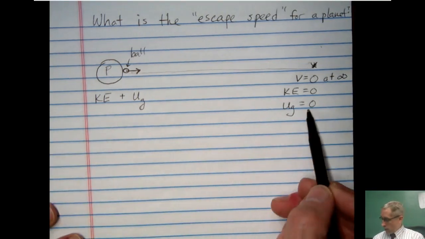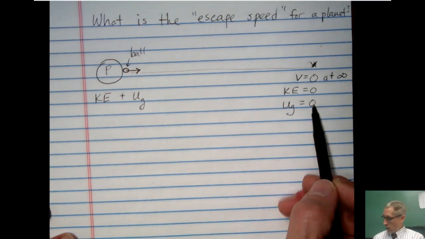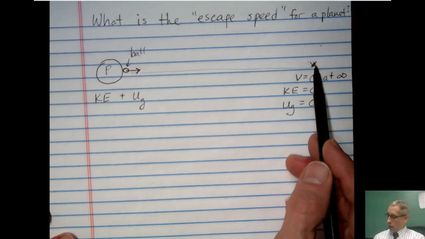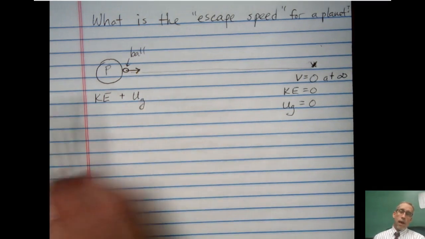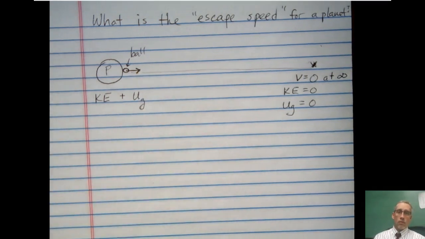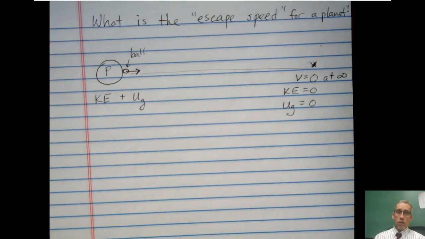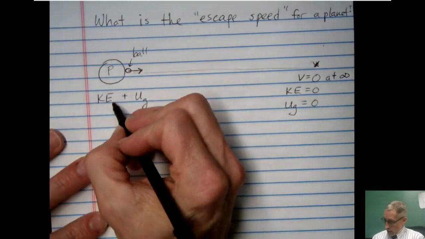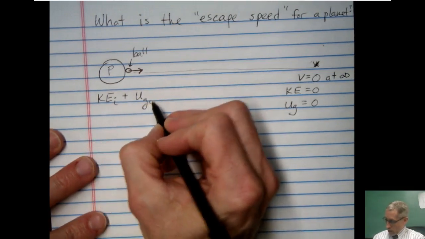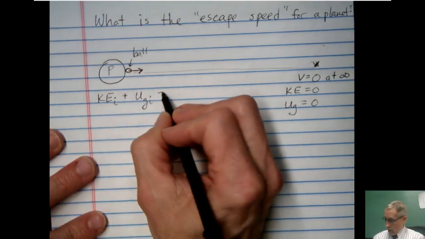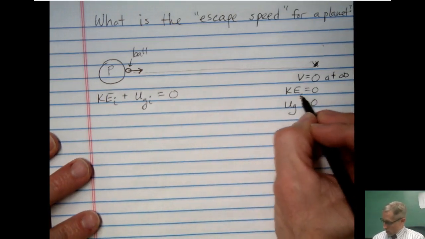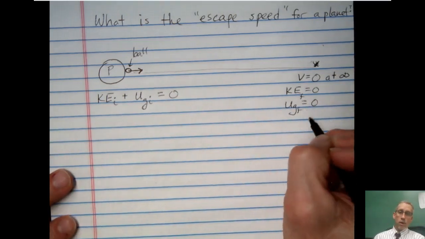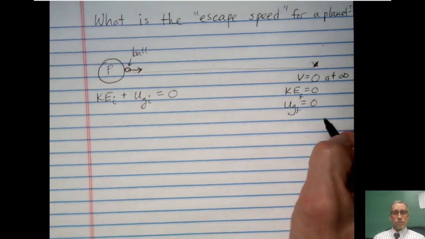It's got to be less than 0, because 0 is what it has when it's infinitely far away. And anytime things are closer than infinitely far away, they have to have lower gravitational potential energy. The only way to get lower than 0 is to have negative numbers. So the initial kinetic energy and the initial potential energy have to add up to be 0, because the final of those two energies also add up to be 0.